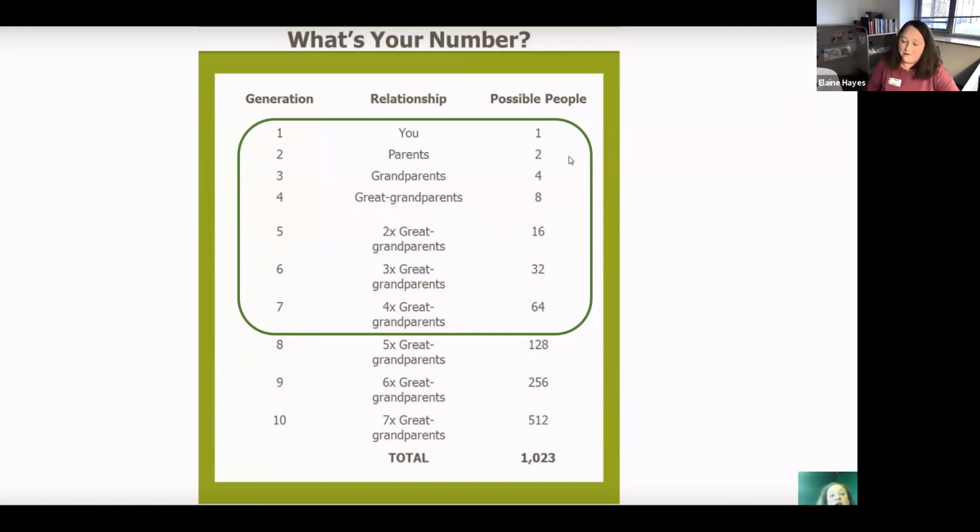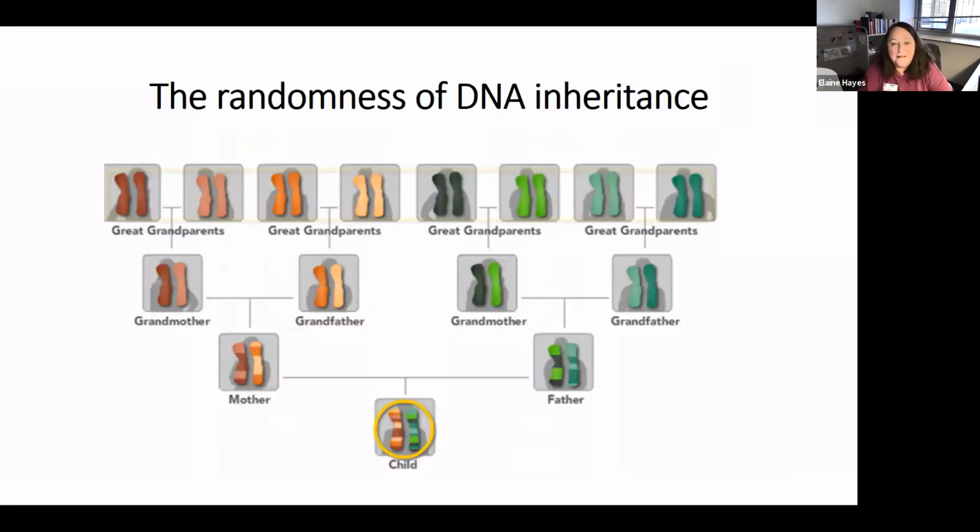Great-great-great-grandparent. They're still your great-great-great-grandparent, but there's a possibility that happens. And this is because of the randomness of DNA inheritance. And it also explains why your DNA estimate might be different than your full sibling's.